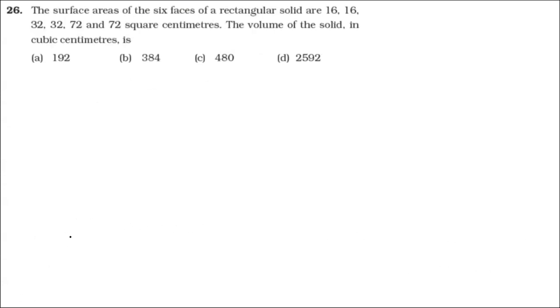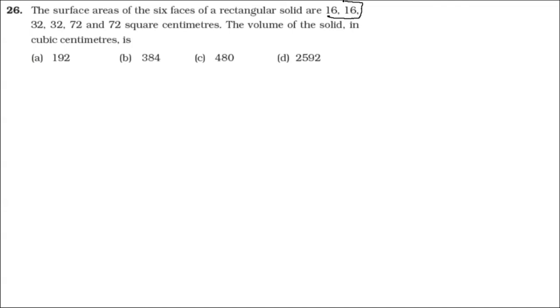Question number 26. The surface areas of the 6 faces of a rectangular solid are 16, 16, 32, 32, 72 and 72 square centimeters. Find the volume of the solid in cubic centimeters.